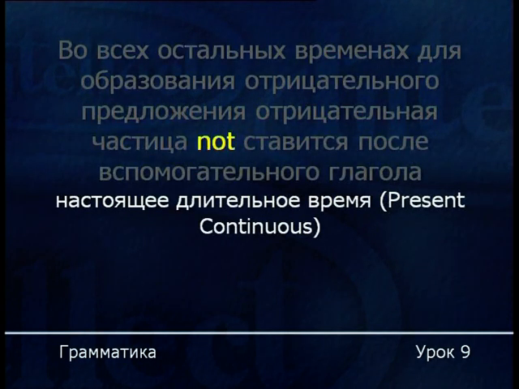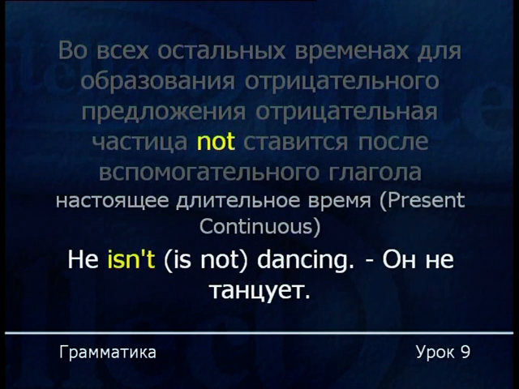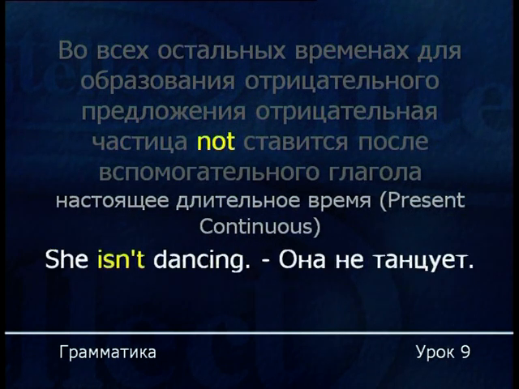Во всех остальных временах для образования отрицательного предложения отрицательная частица not ставится после вспомогательного глагола. Настоящее длительное время. Present continuous. I'm not dancing. He isn't dancing.